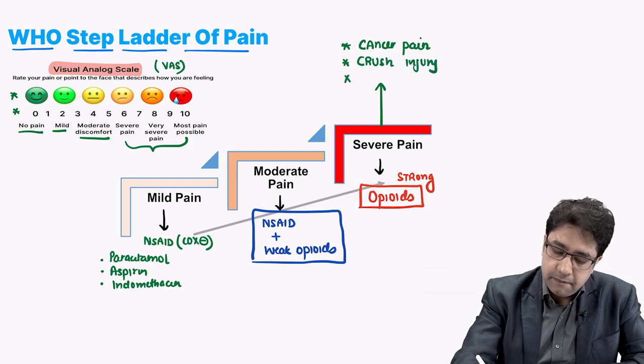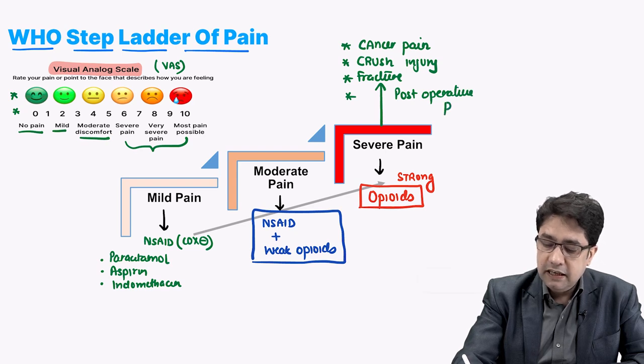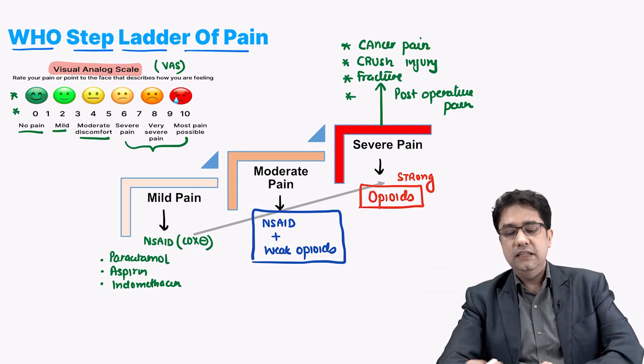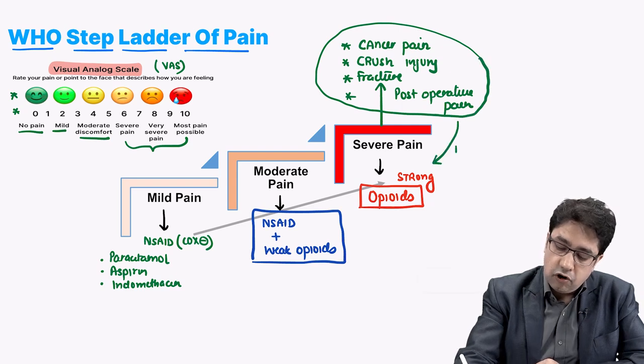Similarly, fracture pain. And lastly, we can remember post-operative pain after surgery. To provide post-operative analgesia, we can use opioids as a drug of choice. So opioids are the drug of choice in all these conditions.